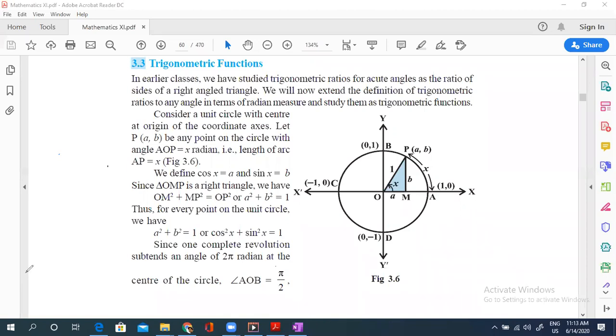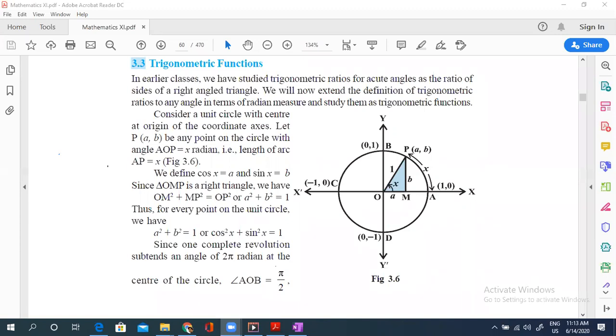Before trigonometry, we could not relate side with angle. There was no method by which we could relate a side with an angle. So I can say that trigonometric functions are functions which relate sides with angle.